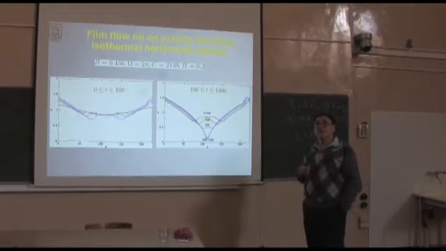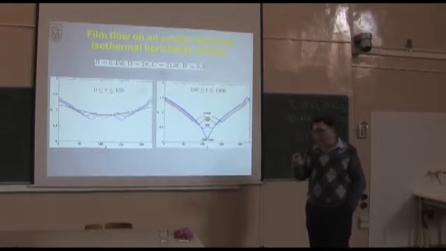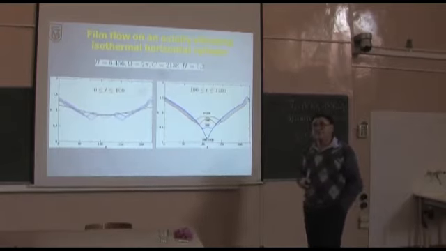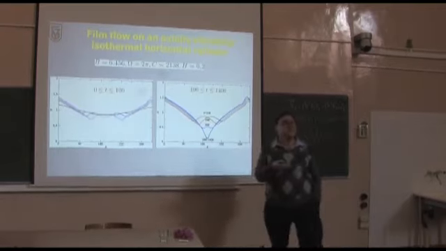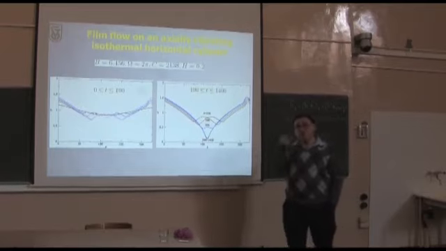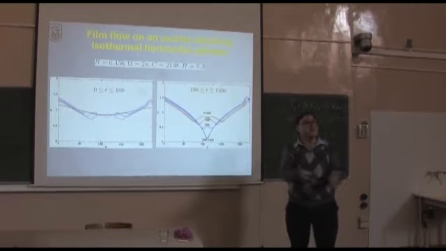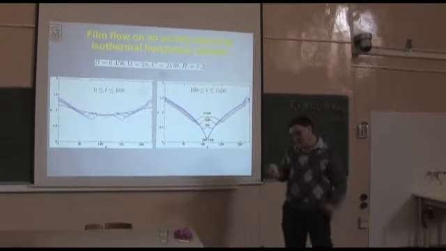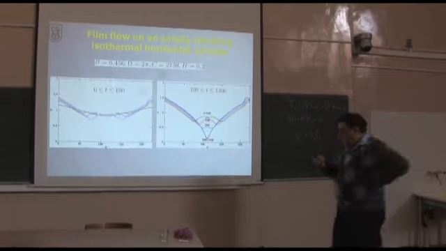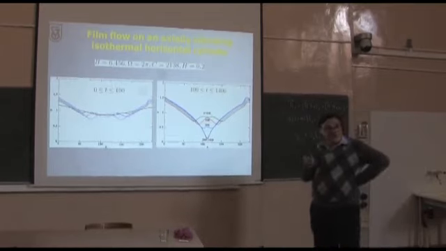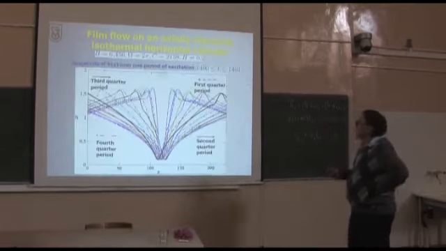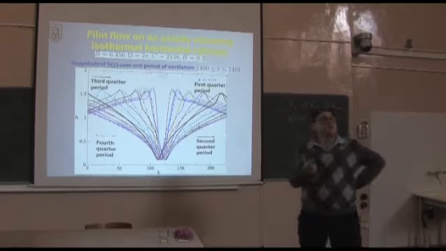Assuming that the flow is periodic and the time periodicity is exactly connected to the forcing periodicity, I'm just stroboscopically sampling something without telling you what happens within one period. Okay, so we all understand this. It's called a white lie. And now we'll see what happens within one period.